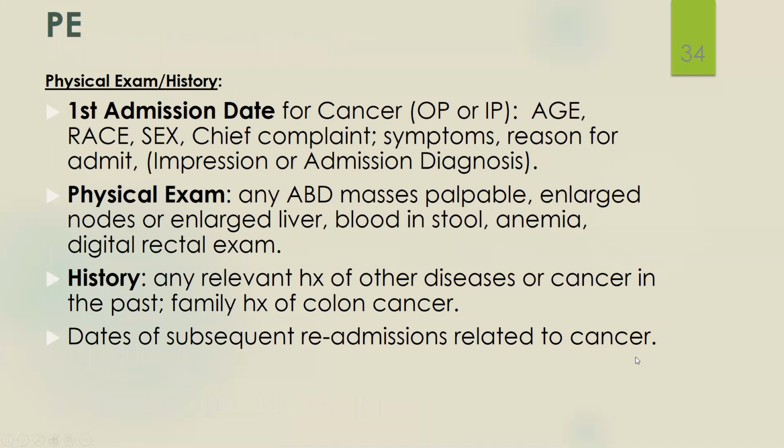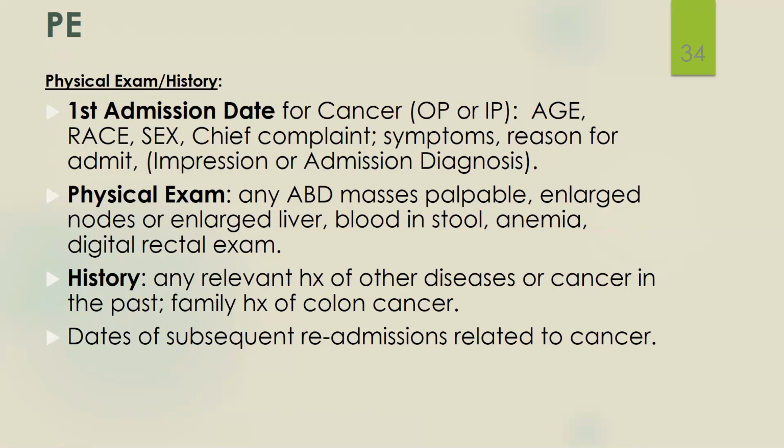So in the physical exam, here are some recommendations of what to put in here. Again, just some basics: age, race, and sex, their chief complaint, a brief summary of what is going on with the patient. If a physical exam was done, looking for any masses or blood in the stool.